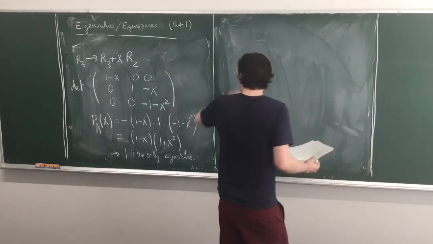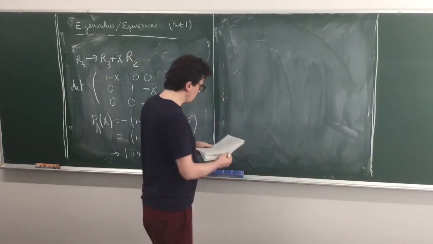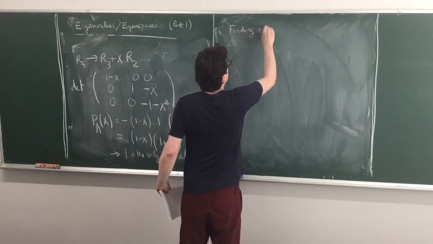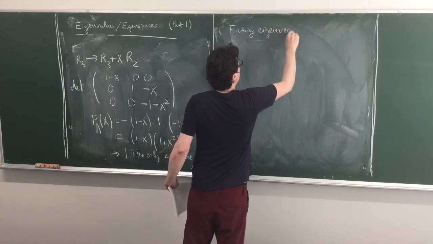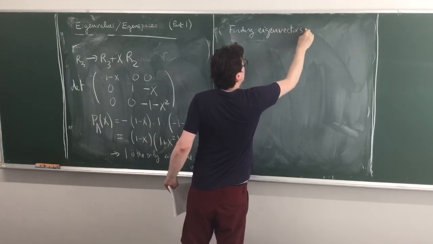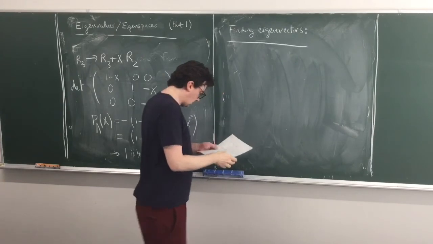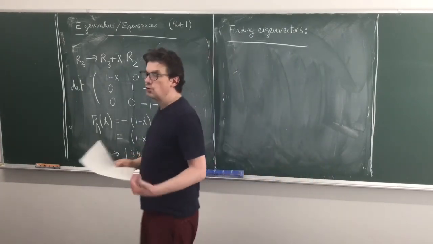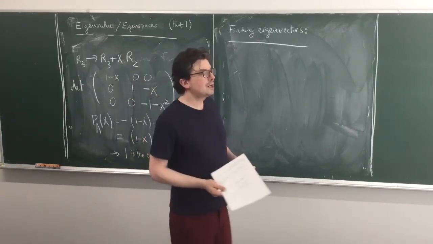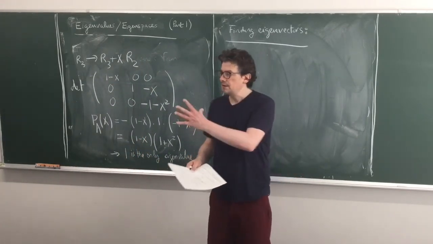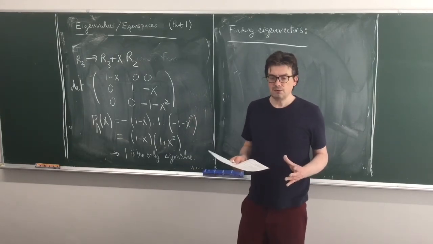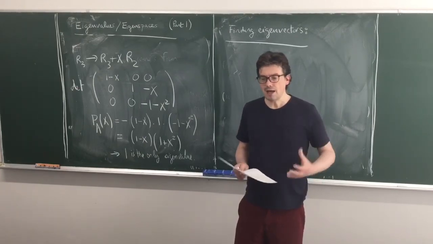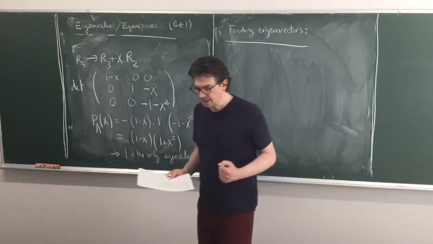Now, what about the eigenvectors? How do you find the eigenvectors? So far we have given the method to calculate the eigenvalues. The summary of this first part was that you calculate the characteristic polynomial, which is the determinant of A minus x times the identity.